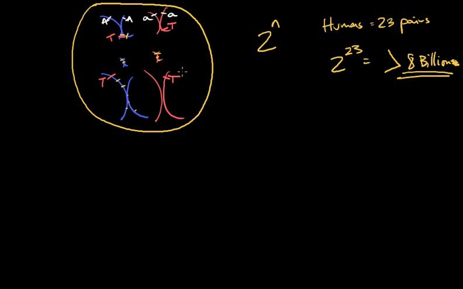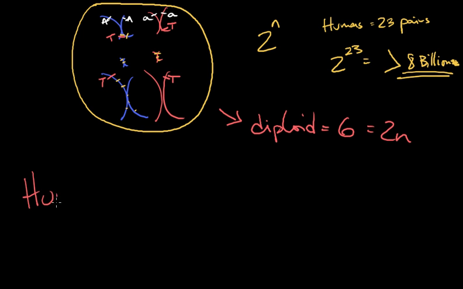And I hope that that kind of makes some connections for you between genetics and meiosis. And remember that this drawing has a diploid number of 6. That's the diploid number. But really for humans, what we would see is 23 pairs lined up.